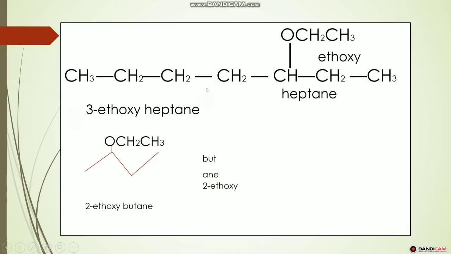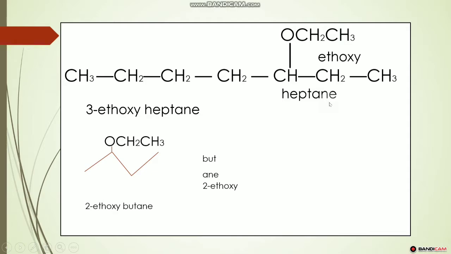For the next example, again, let's take a look. Where is the longest chain? How many carbons do we have? 1, 2, 3, 4, 5, 6, 7. So we can give the first name as hept. Again, it is single bonded, so give the last name as ane.